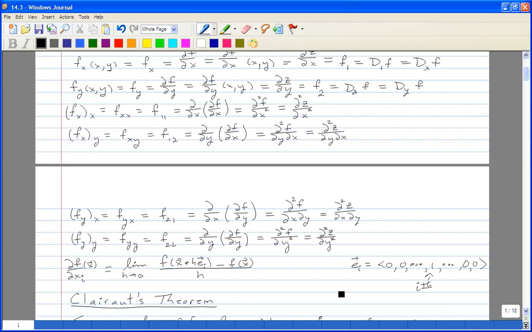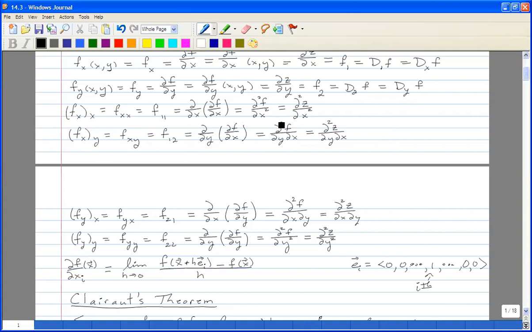the mixed partials. And so the partial derivative of f with respect to x, and then take the partial derivative of that with respect to y, you can use the subscript notation xy, or 1, 2, or Leibniz notation. But in Leibniz notation, it goes in the opposite direction.